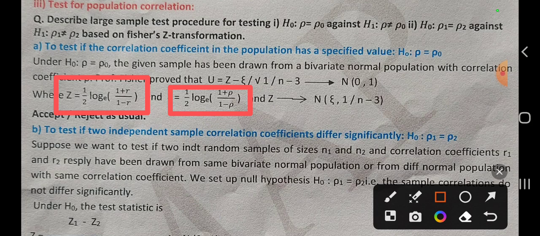This z follows a normal distribution with mean xi and variance 1 upon n minus 3, and we need to take the test statistic as u.